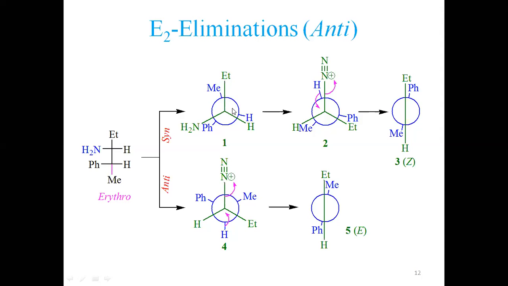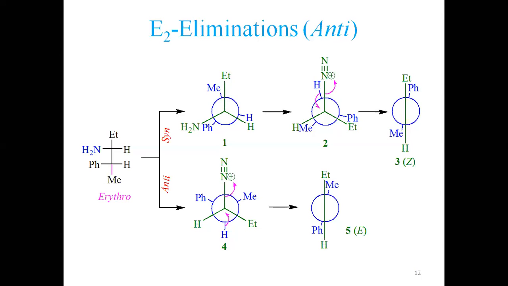Now, if this group leaves, nitrogen with positive charge takes this electron pair to stabilize the positive charge on nitrogen, it shall eliminate in the form of N2. So N2 means nitrogen molecule. This is very stable. In air, nitrogen is present 78%, not 76. 78% in air is nitrogen N2.